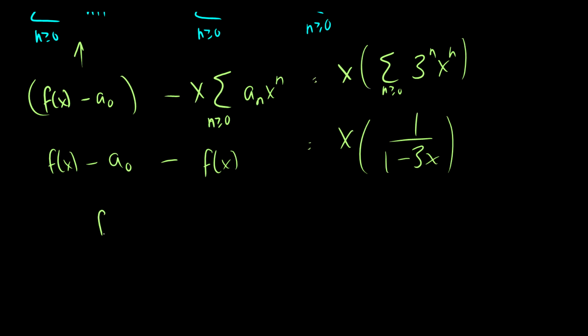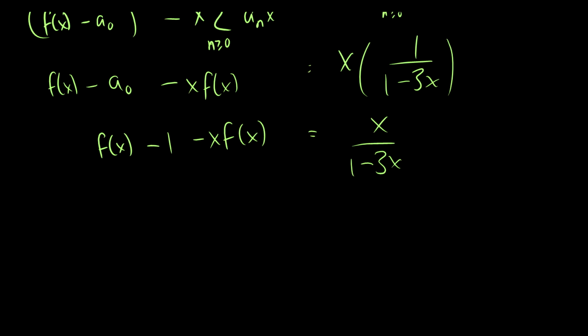a_0 is equal to 1, so f(x) minus 1 minus x f(x) is equal to x over 1 minus 3x, which means that f(x), we can factor out 1 minus x, is equal to x over 1 minus 3x, and then this negative 1 on the left, we bring to the right.